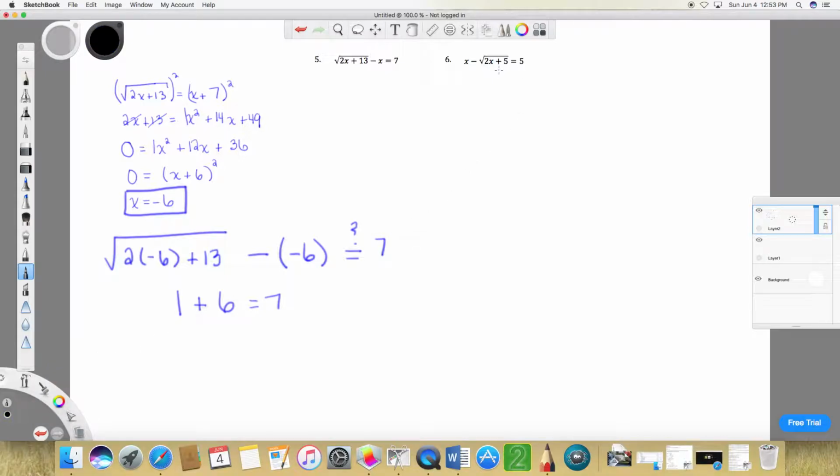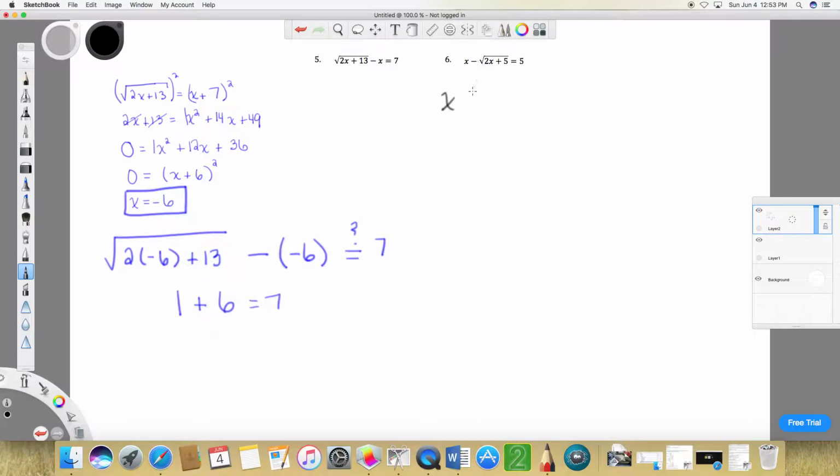We need to get the radical by itself. So I'm going to add the square root of 2x plus 5. Well, what I do is, when a term changes sides, it changes sign. So I look at this and I say, I want to switch places with those two.